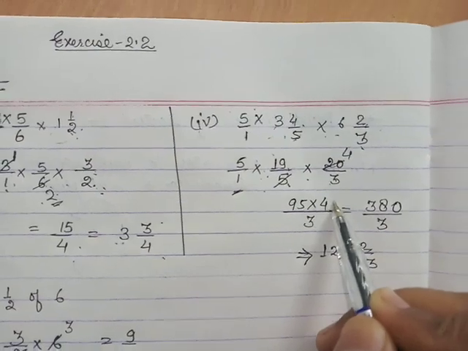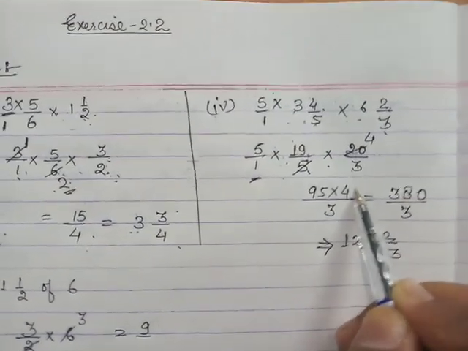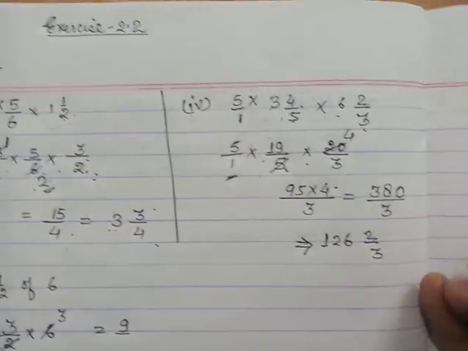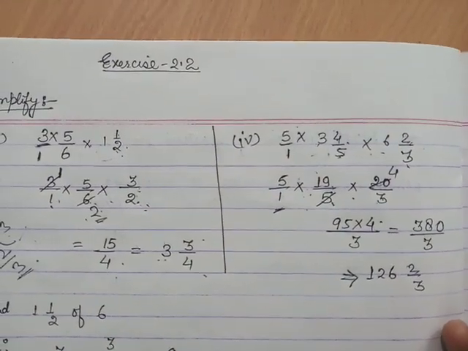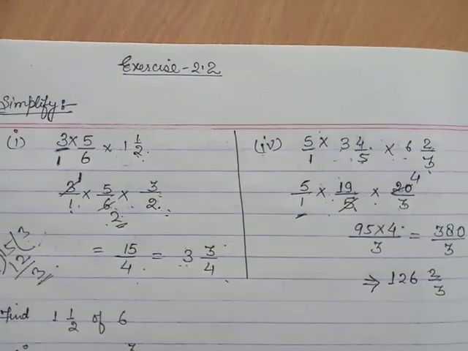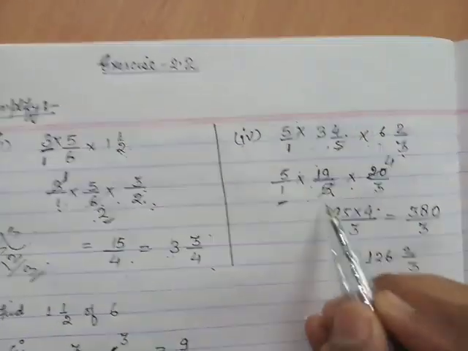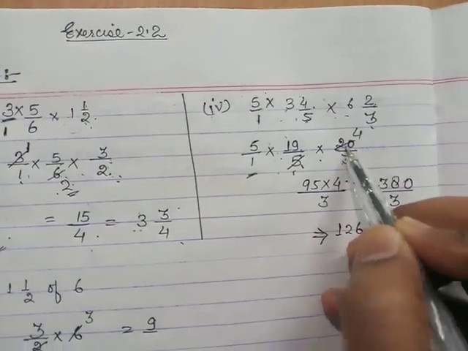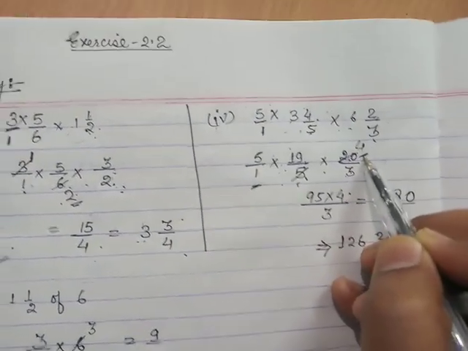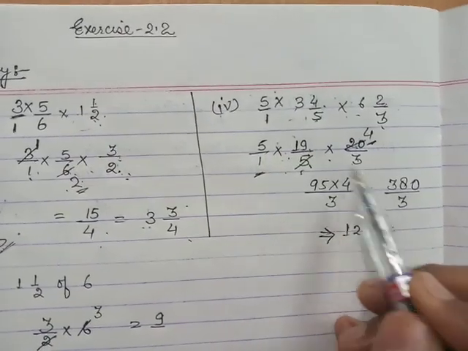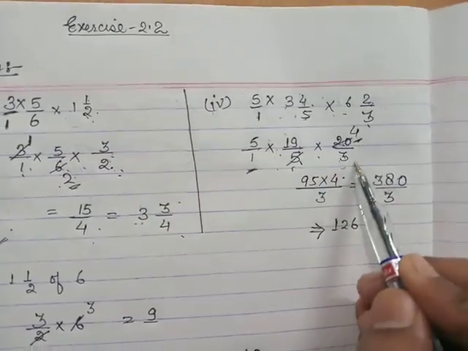We will cancel off those values which can be cancelled, and remember that the cancellation will be done between numerator and denominator. So 5 cancelling with 20 gives the value 4, and no other value can be cancelled now.